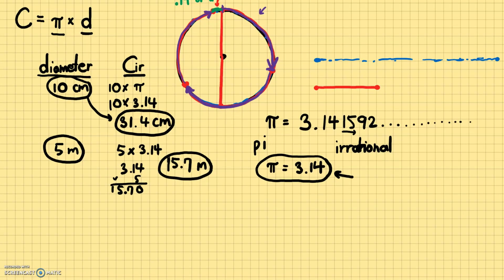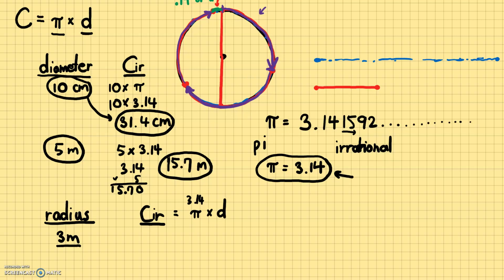So let's say we know that the radius is 3 meters. What is the circumference? Okay, so remember the circumference is pi times the diameter, and pi is 3.14, times the diameter. If we know the radius, can we find the circumference?